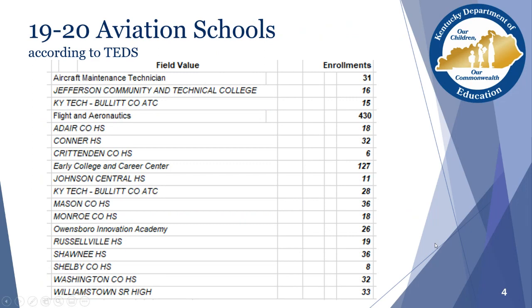So here on this screenshot, you'll be able to see all the programs out there that we have. Like I said, JCTC partnering with Bullitt County, 31 students are going through that program as it relates to maintenance.